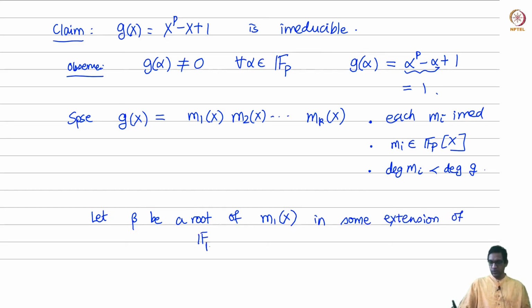So recall, this is one of the things that you learnt about symbolic adjunction, which is that given any non-constant polynomial, you can always construct some finite extension of the base field in which that polynomial has a root. Okay, so let's take that extension. So let's consider Fp(beta).